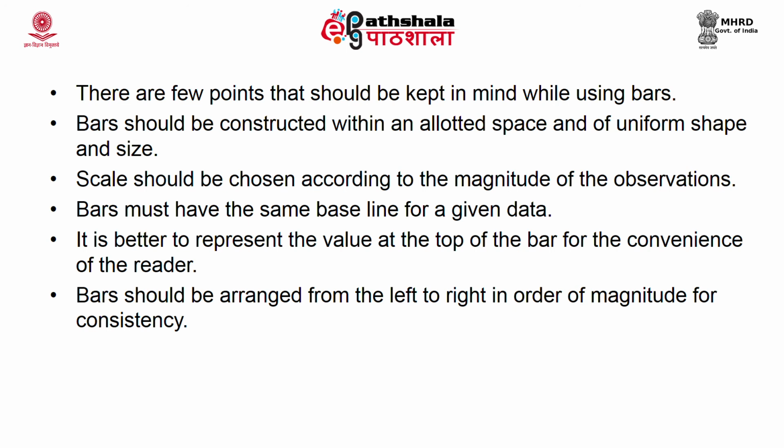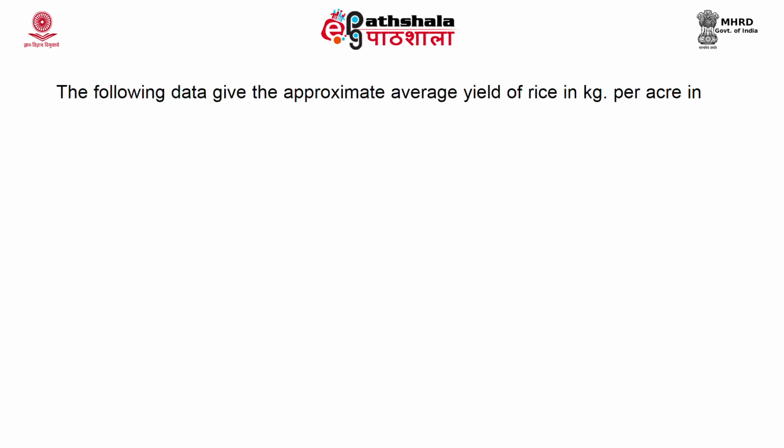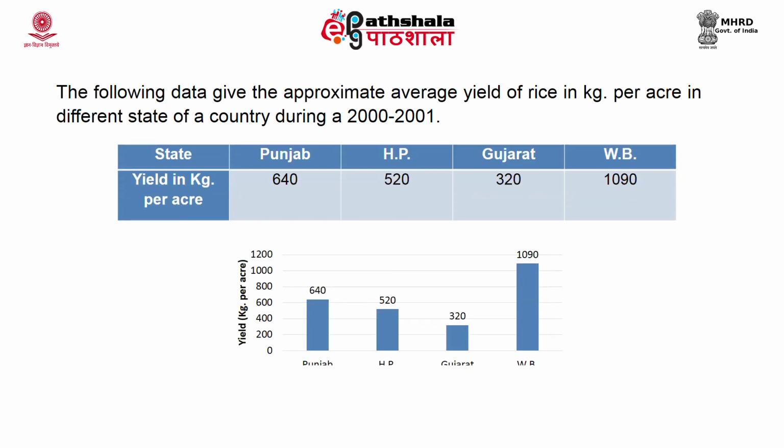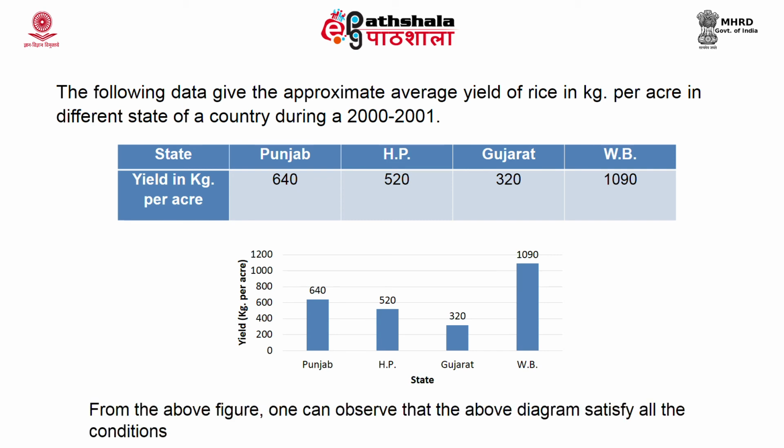The following data gives the approximate average yield of rice in kg per acre in different states of a country during 2000 and 2001. In the table, in the top row we have different states like Punjab, Himachal Pradesh, Gujarat, West Bengal, and the yield in kg per acre is represented in the second row.